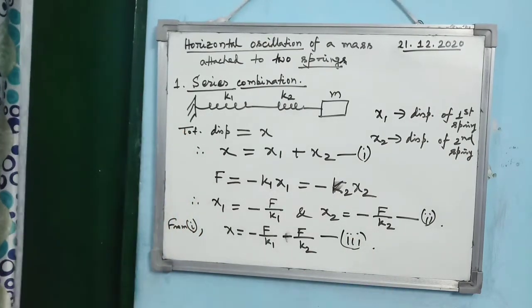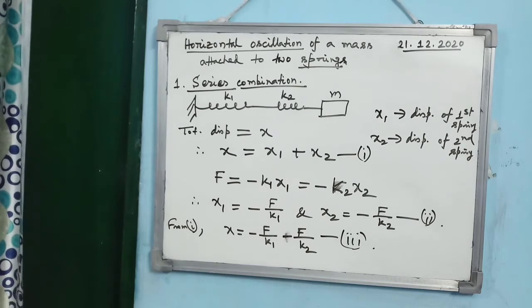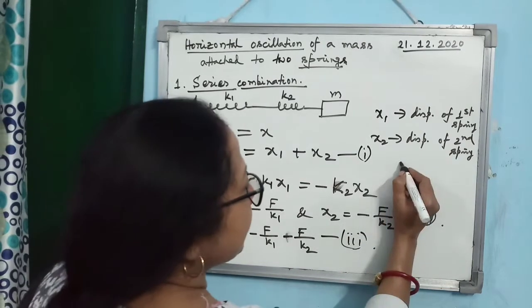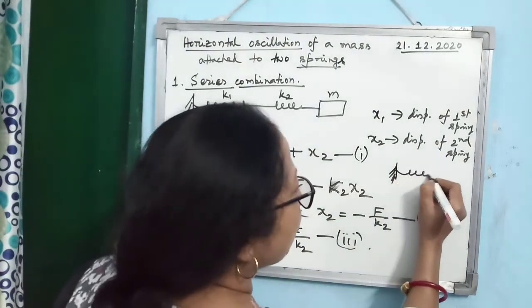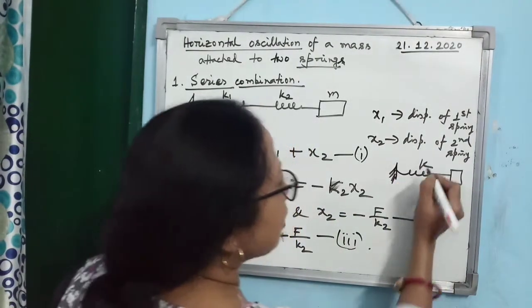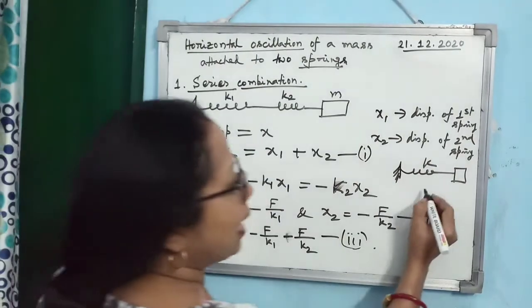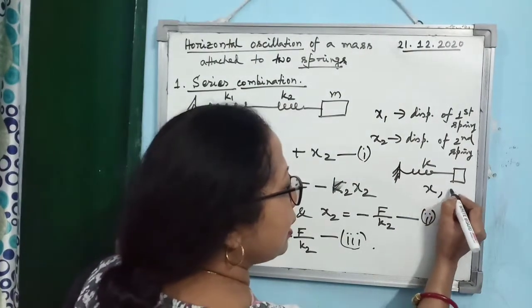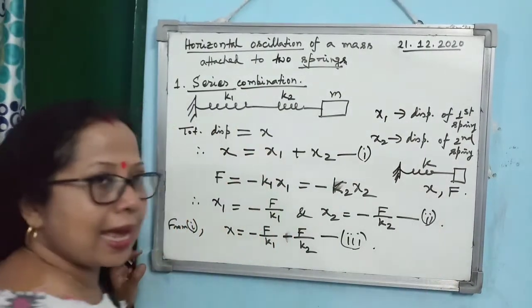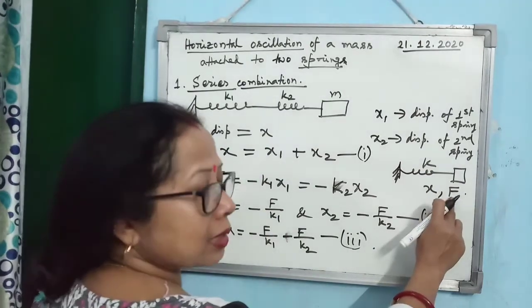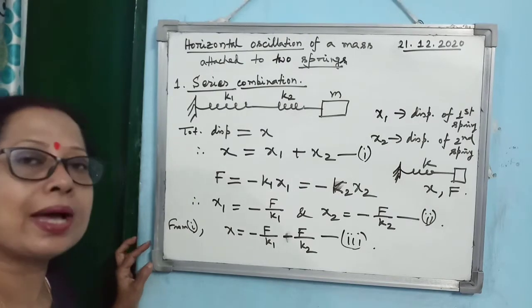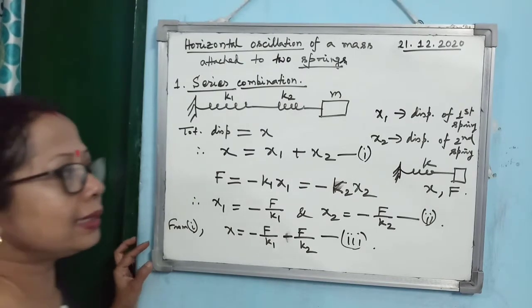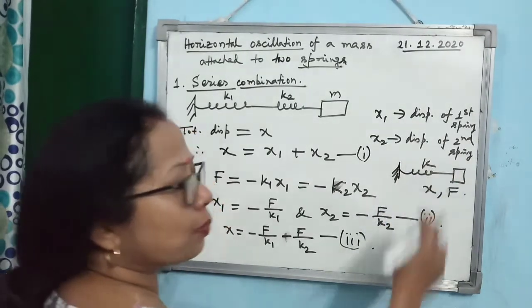Clear? Now the next concept is that instead of taking two springs, you have taken one spring of spring constant k in such a manner that it is undergoing the same displacement x and is acted on by the same restoring force F. Then that is known as the equivalent spring constant.